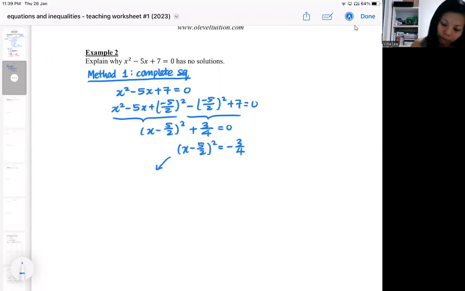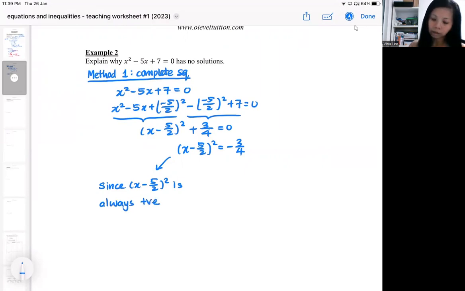The explanation will be something like: anything that is being squared is always positive. A squared function is always positive. Because of this, it's not possible for the square function to be equal to a negative value.